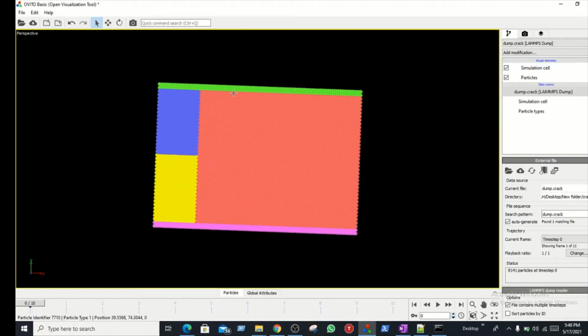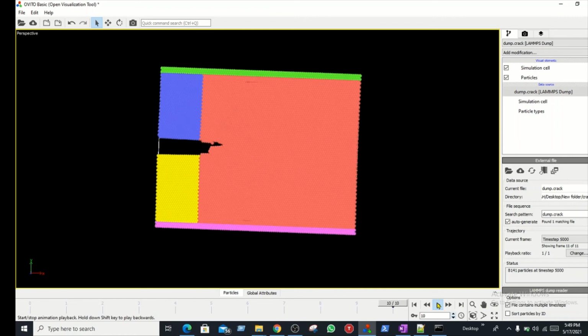That was the upper region, that was the lower region, and that was the upper left, and that was the lower left, and all of these were in the mobile region. And this region was our boundary region. Okay, and we set the force of the boundary region to 0. And if I run it, then you will see it is cracking.